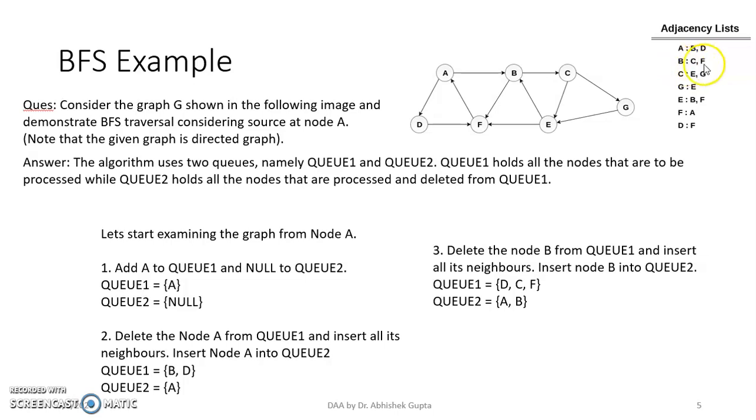C and F are reachable from B, so that's why we have added C and F, and B has been added to Q2. Here C and F are added at the last, right? Because it is a queue, it will not be added in the first. If it is a stack, then we will be adding into the first position, but it is a queue, so that's why we will add at the last.